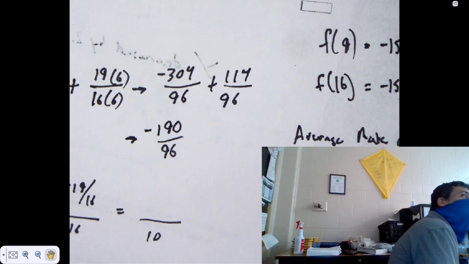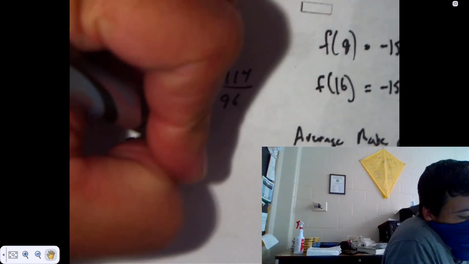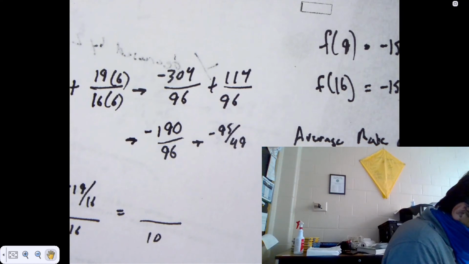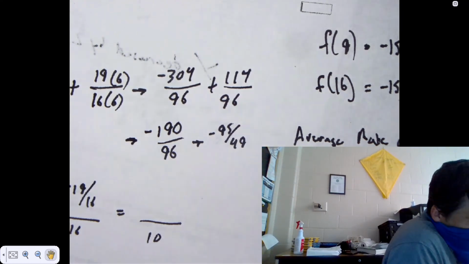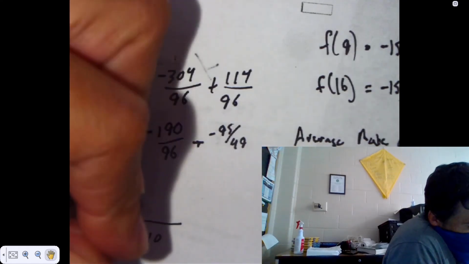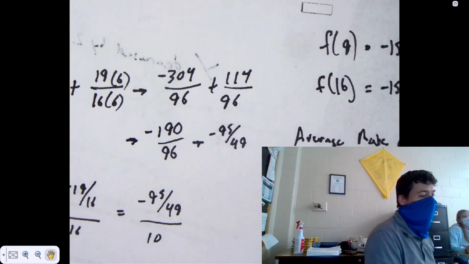Anyways, that'll reduce. Those are both divisible by at least 2. It's negative 95 over 49. Anyways, I expect most of y'all probably use a calculator in decimals, but whatever.